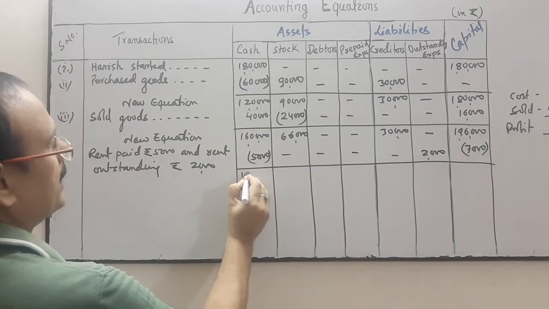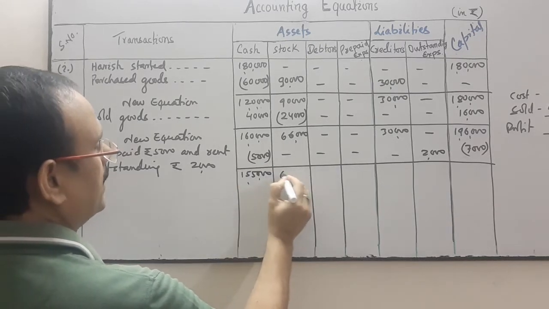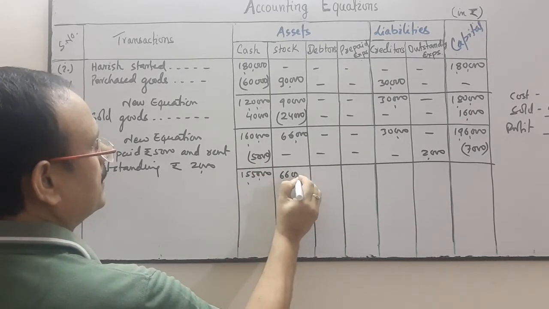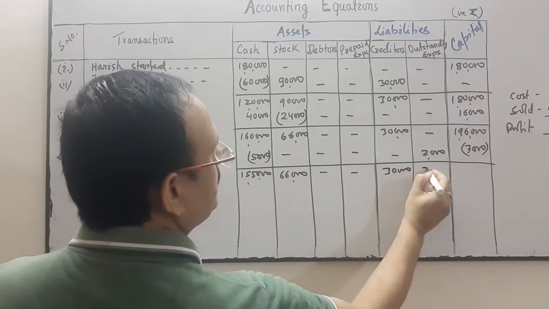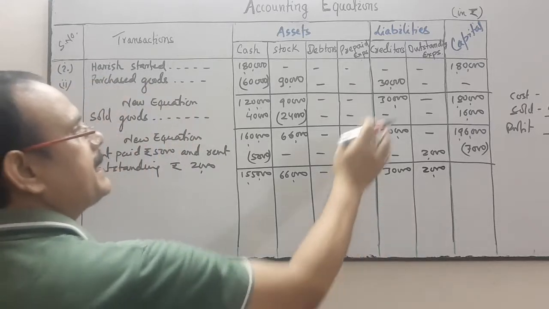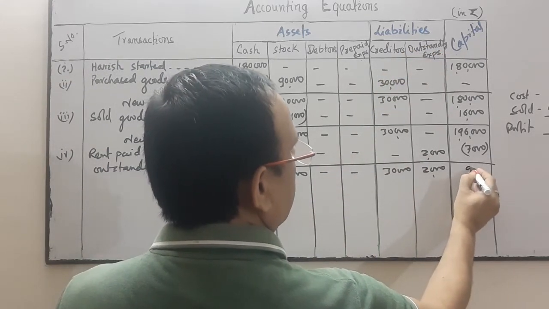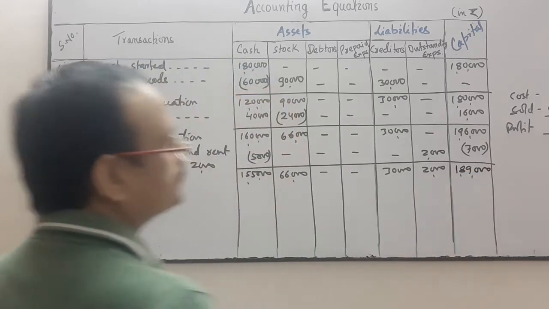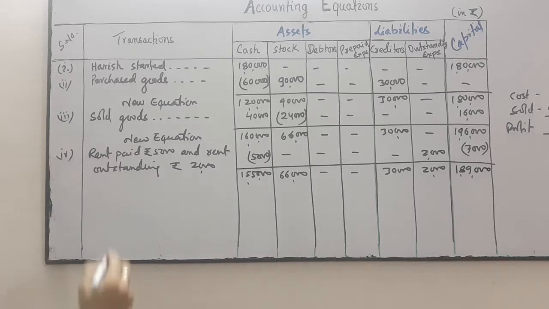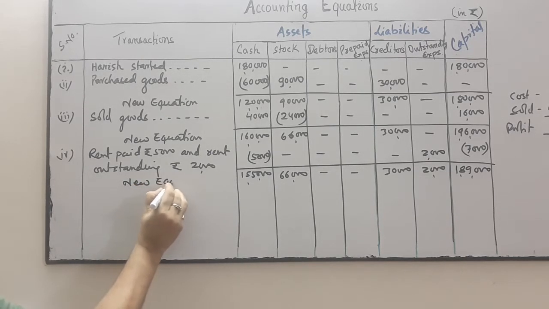Now here it is 1,55,000 after deduction of 5,000. Stock is as it is 60, creditors as it is 30. It is 2,000, a new liability has been created, outstanding expenses, and here it is 1,89,000 after deduction. New equation after the fourth transaction.